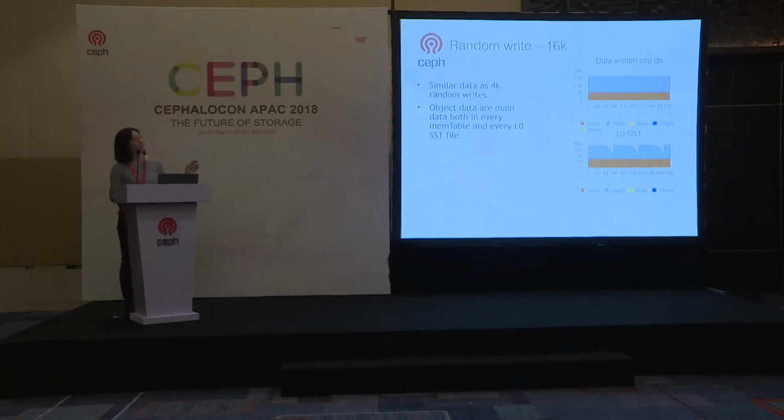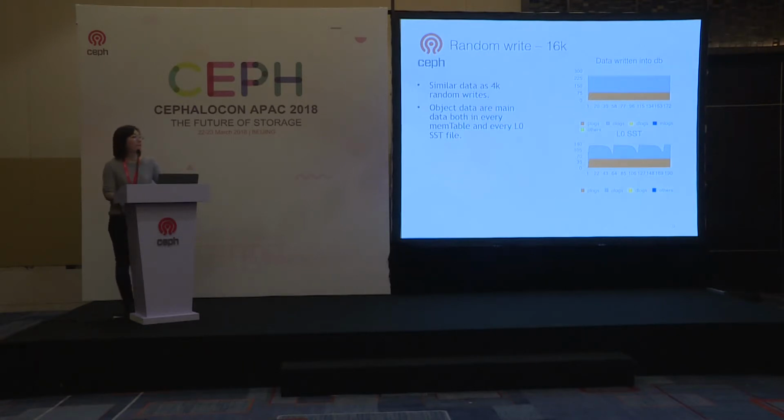Oh, the former one is 4K random write, and this chart is 16K random write. Per every memory table, object mapping data is the most, and then PG logs.